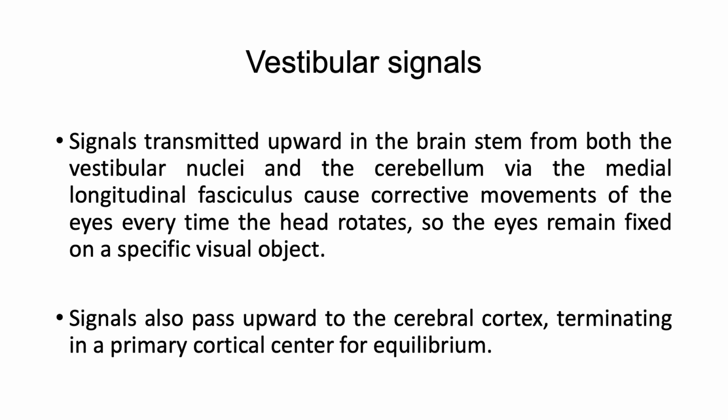Vestibular signals also transmit upward to the cerebral cortex and also through the medial longitudinal fasciculus to the eye, so it can coordinate the eye movements with head rotations and keep the eye fixed on specific visual objects.